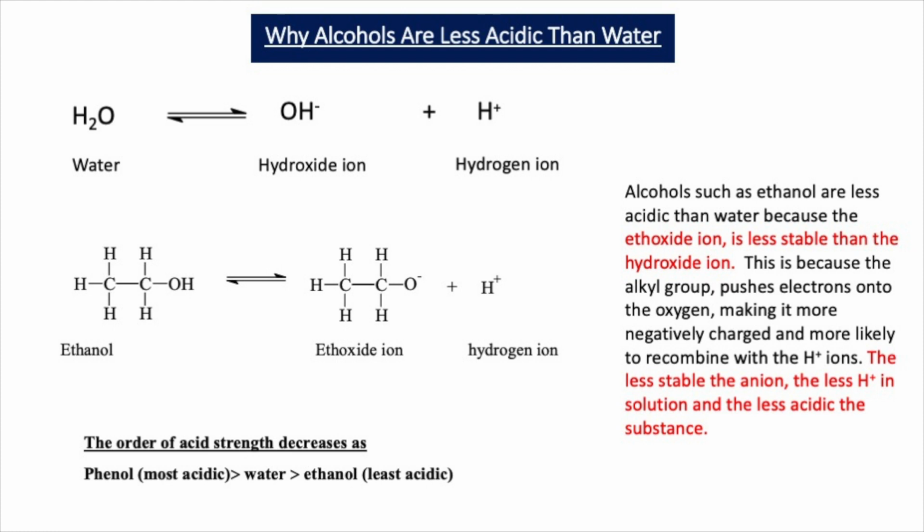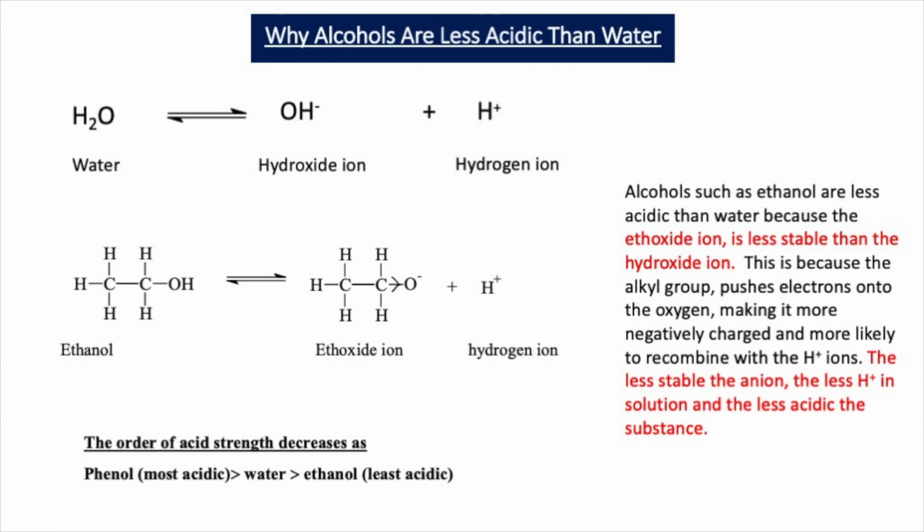And this is because the alkyl group in the ethoxide ion pushes electrons onto the oxygen, and that makes the ion less stable. Now, if the ion is less stable, it's more likely that the H plus ions will attack it and recombine with it, and therefore push the equilibrium to the left.